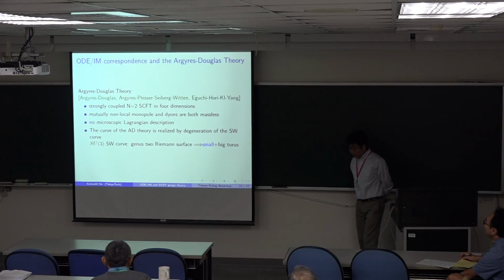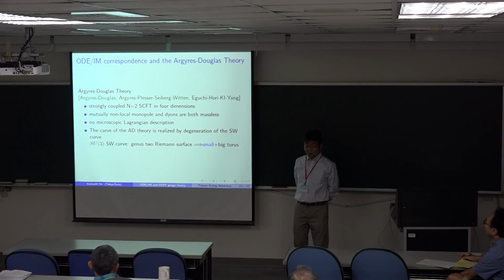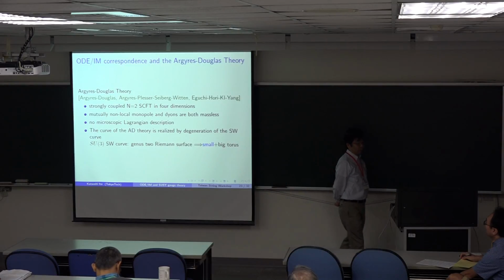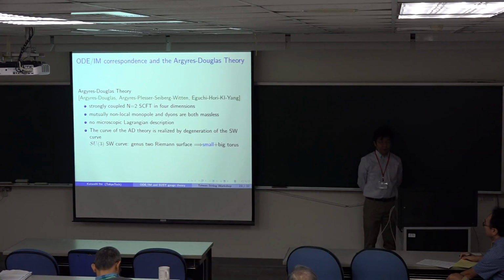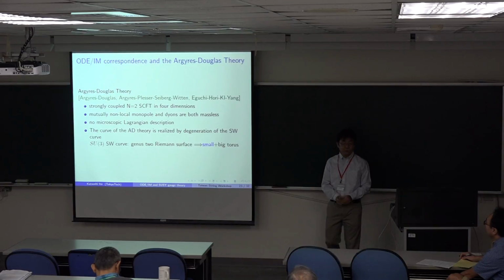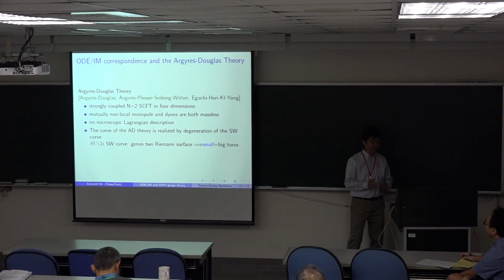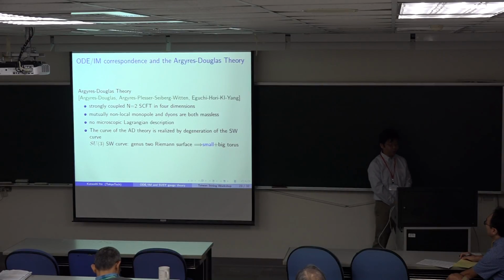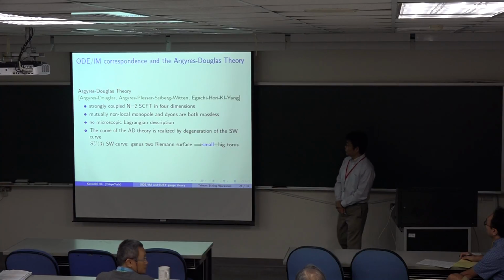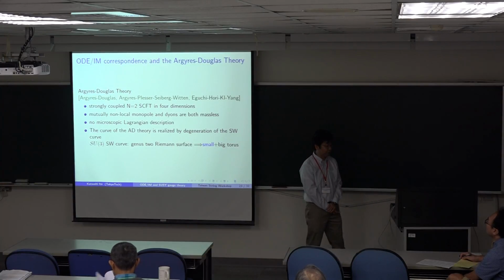Since it contains mutually non-local monopoles and dyons which coexist and become massless at some fixed point, we have no frame in which it is a local Lagrangian. So there's no microscopic Lagrangian description. So it's very difficult to study.